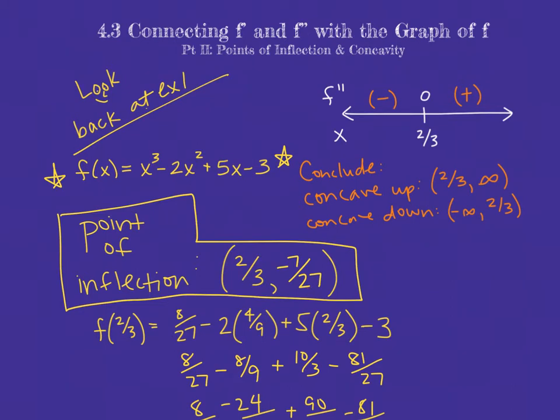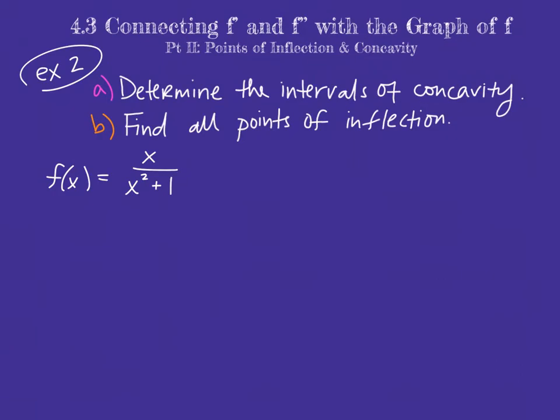We do not plug this into the second derivative, a, because it would just give us 0, but b, because we're looking for a point on our graph, not a point on the second derivative. Anyway, because our second derivative changes signs and we change concavity at x equals 2/3, 2/3 comma negative 7/27 is a point of inflection on our graph f of x.